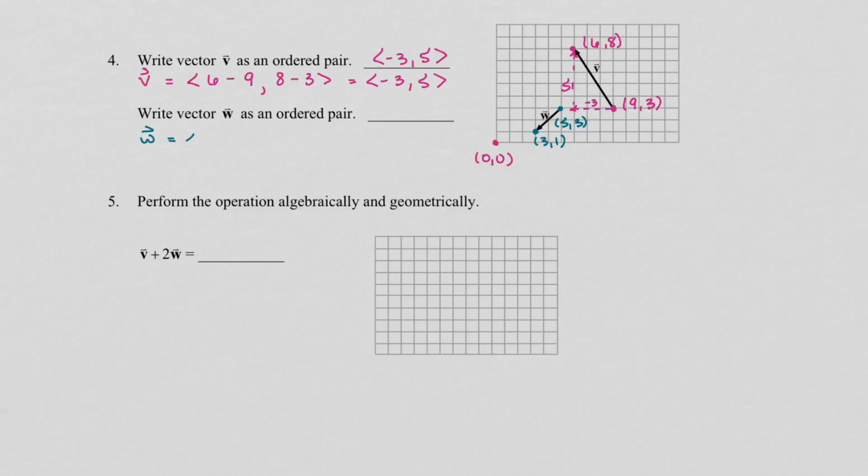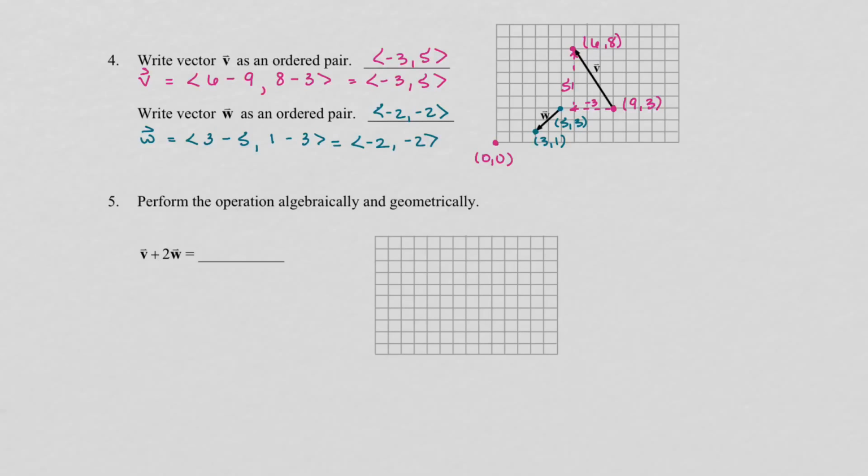And so to calculate the ordered pair for w in component form, I take my terminal x value, which in this case is 3, and I subtract my initial x value, which is 5. And then I take my terminal y value, in this case it's 1, and subtract my initial y value, which is 3. And when we do that, we get negative 2, negative 2. So that's my vector w as an ordered pair.